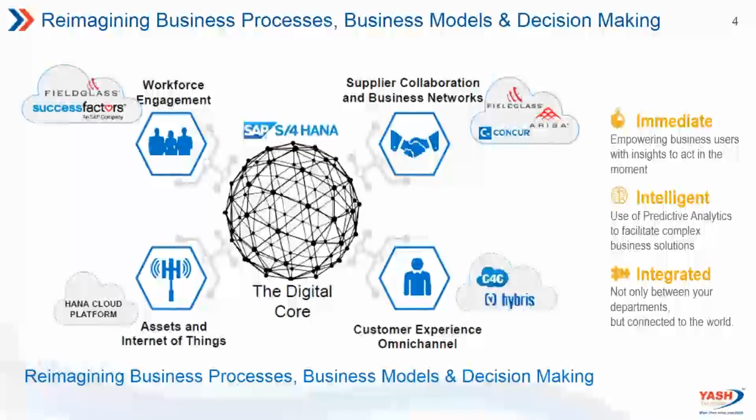So, as we talked about, the digital core is a platform for you. The ERP is going to be your digital core future to build your entire digital transformation for your business, wherein you can have your cloud products like SuccessFactors or Ariba for your collaborative networks.